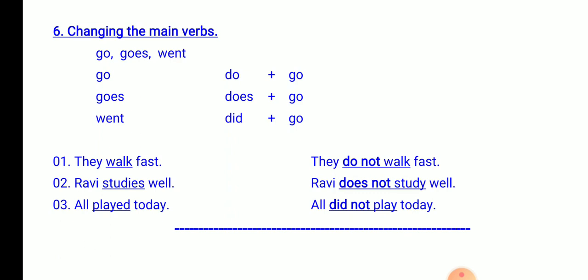I hope you have now understood how to change affirmative sentences into negative. An exercise has been given for you. Do the exercise so that you can verify whether you have understood the rules given so far.